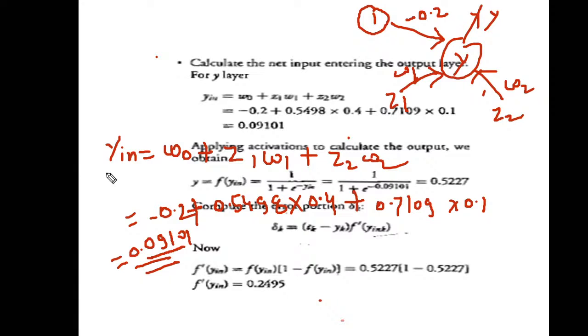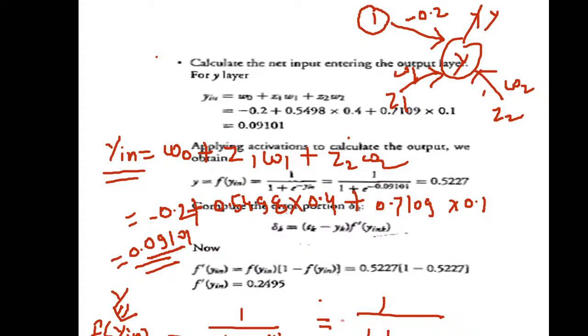And then once you have this y in, you can substitute inside the function f of y in to calculate y. So we substitute like this: 1 upon 1 plus e raised to minus y in is equal to 1 upon 1 plus e raised to minus 0.9109, right?